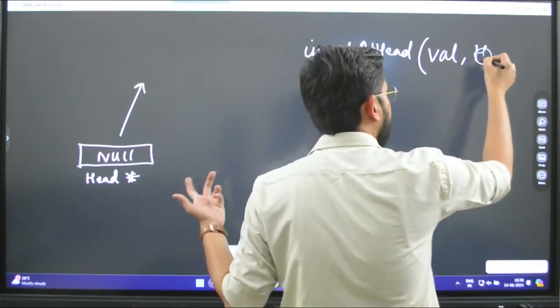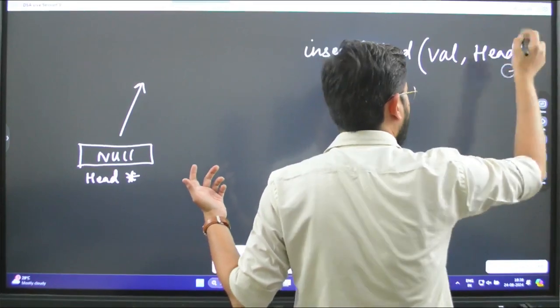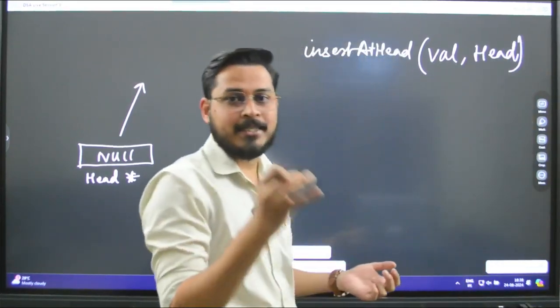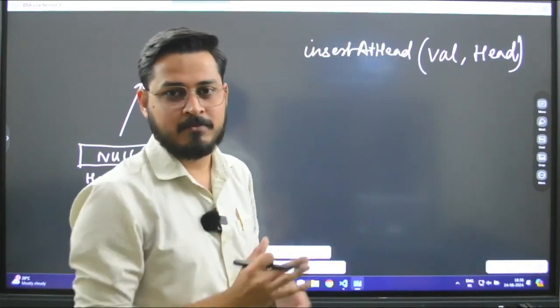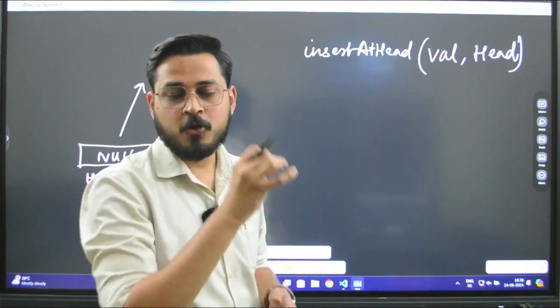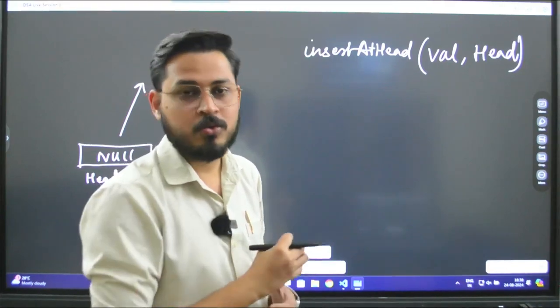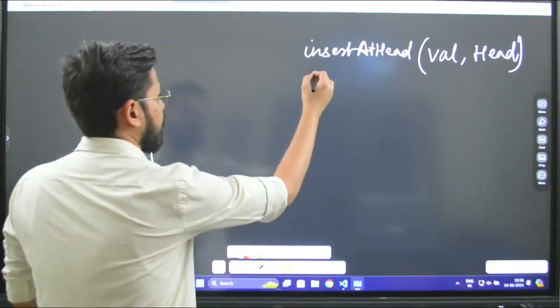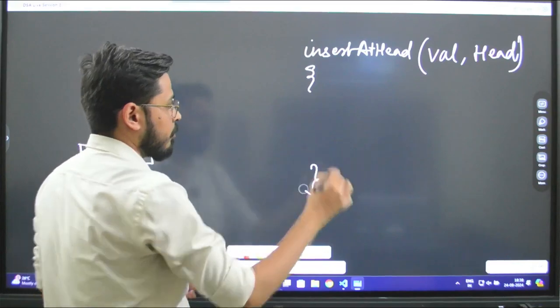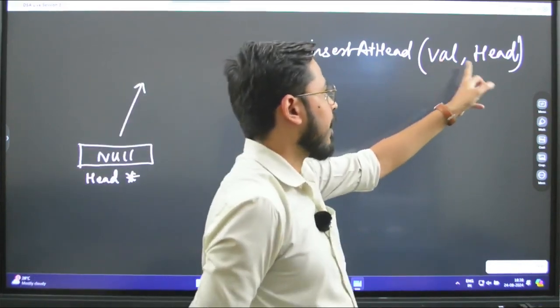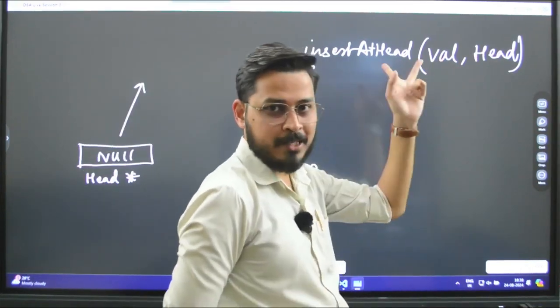Next, where is the head? At the head you need to insert. And if you want to insert this at the head, first thing first, value and head, two parameters.